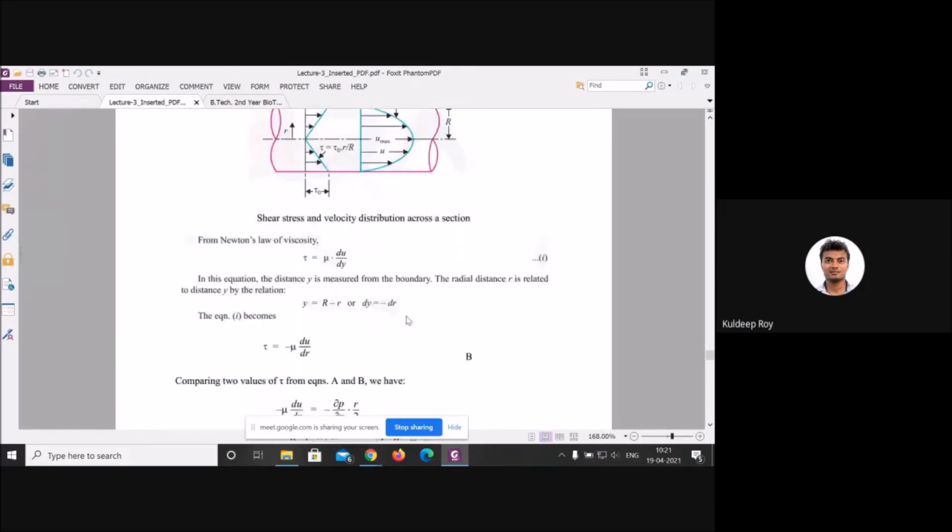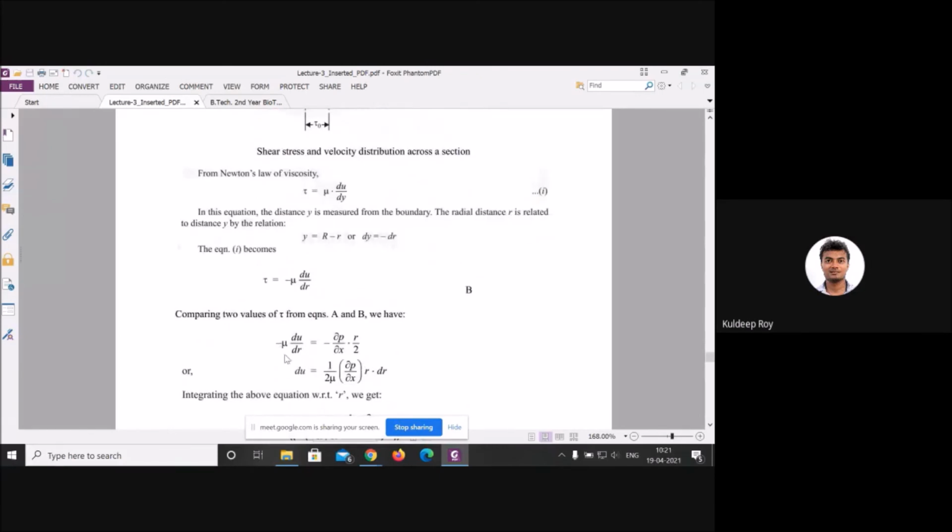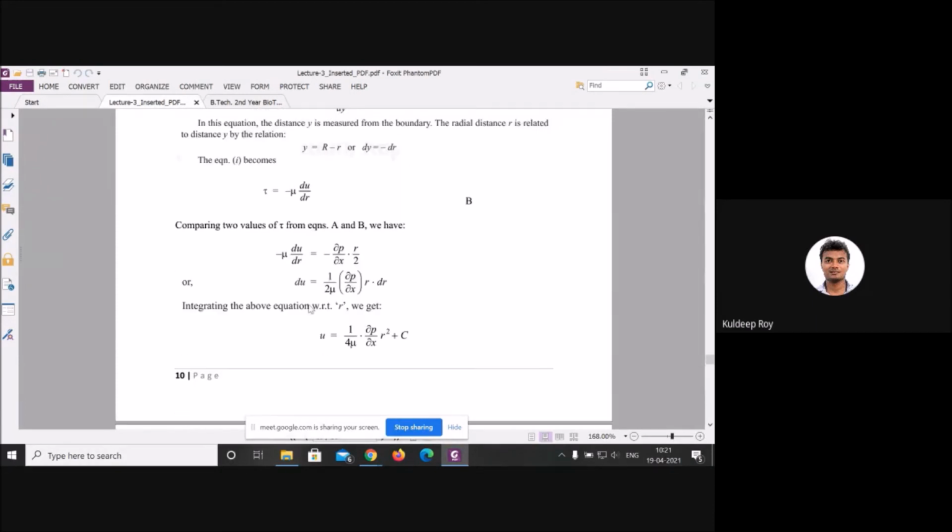If you compare, you will get this expression, and you have to determine the value of u. You have to integrate. If you do the integration, you will get this expression.